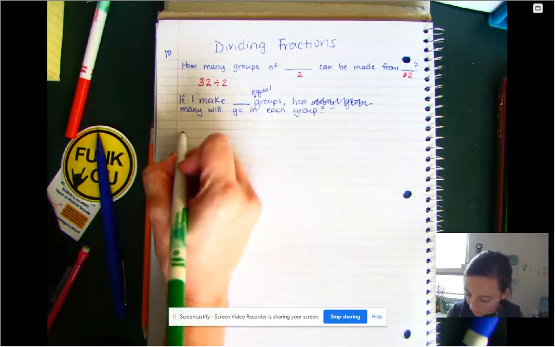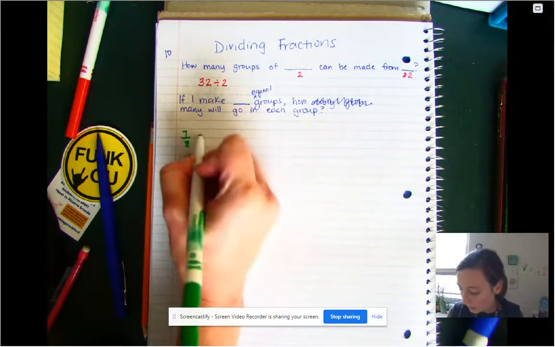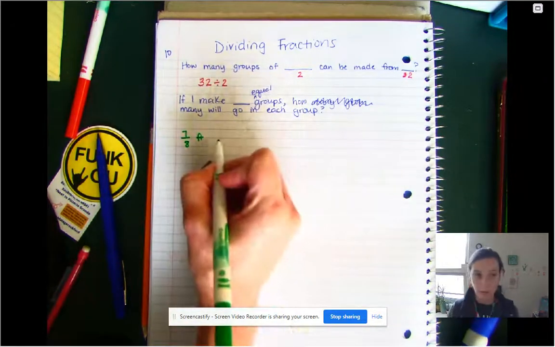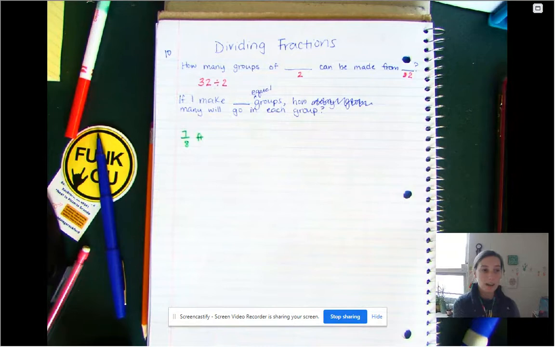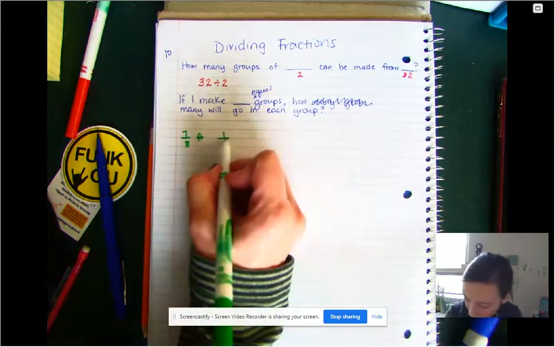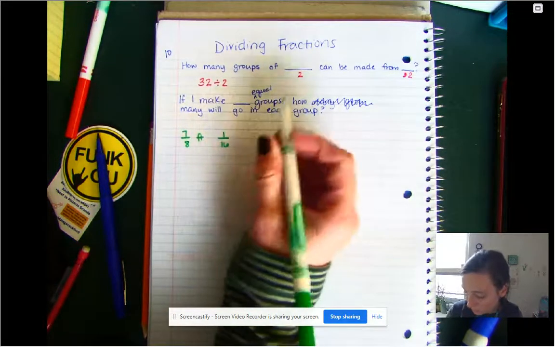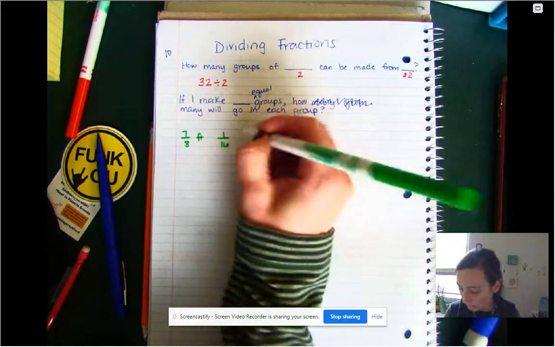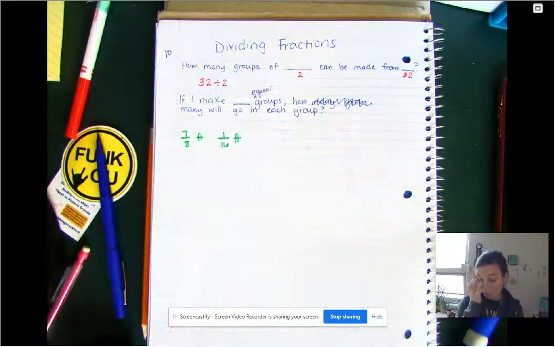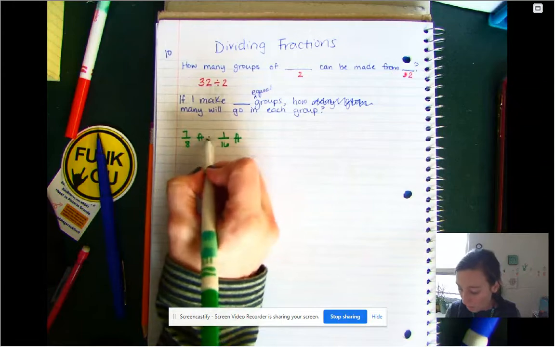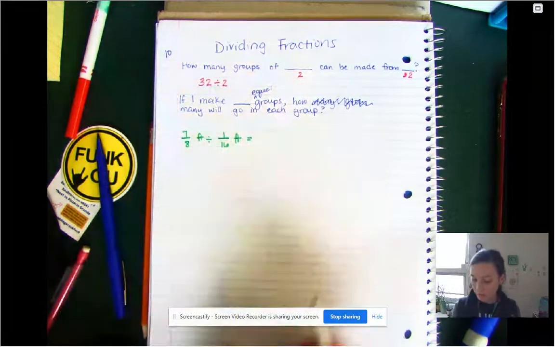Let's say that I have 7/8 of a foot of wallpaper and I need to cut it into strips of 1/16 of a foot, sorry. And I want to know, how many strips can I make?